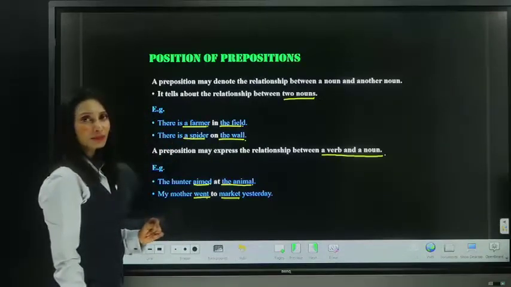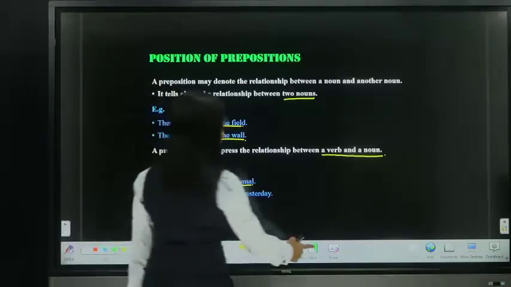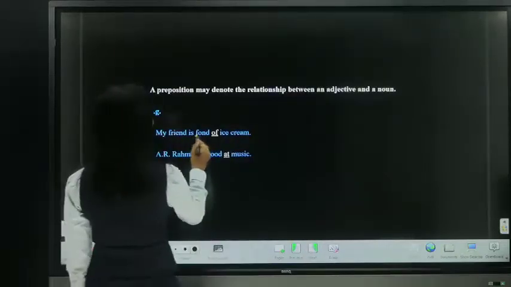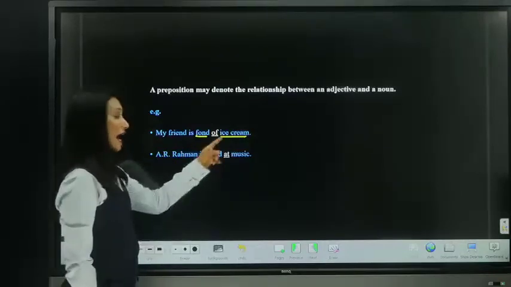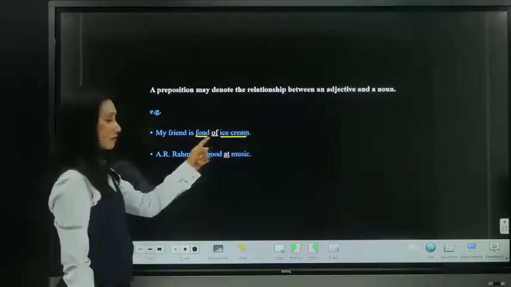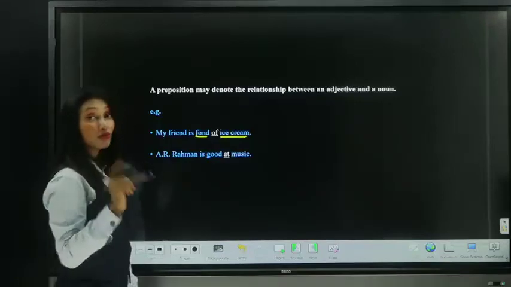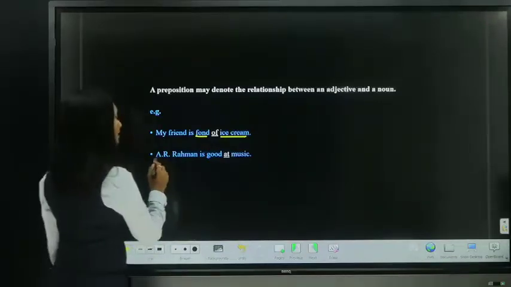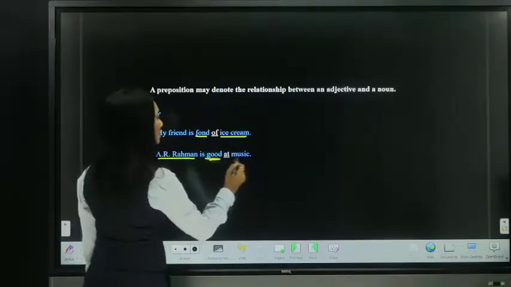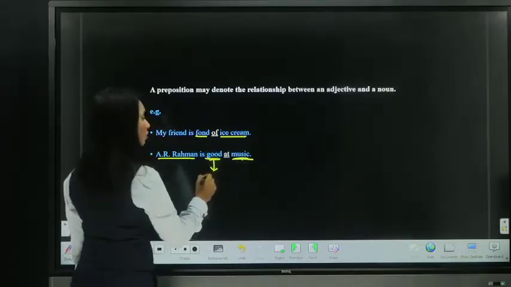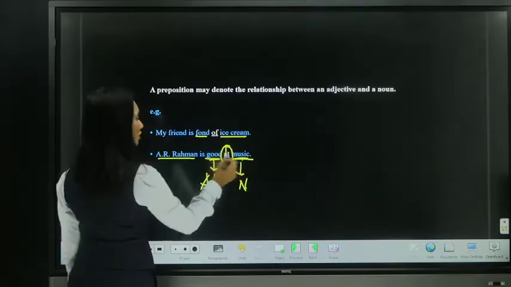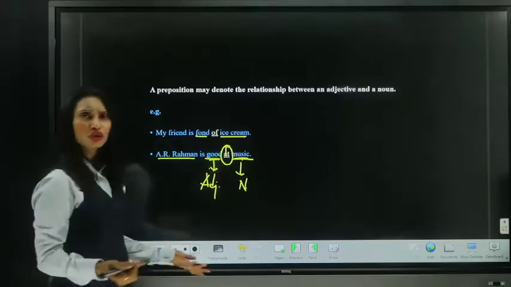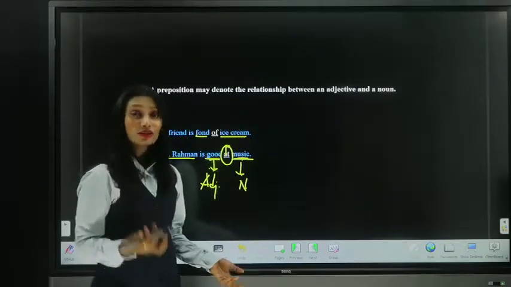Now let us see examples for an adjective and a noun also. Look at this one. My friend is fond of ice cream. Fond, adjective. Ice cream, noun. Of is a preposition. Remember, fond is always followed by of. A.R. Rahman is good at music. Good is an adjective, music is a noun. So we placed the preposition at in between an adjective and a noun to show the relation.